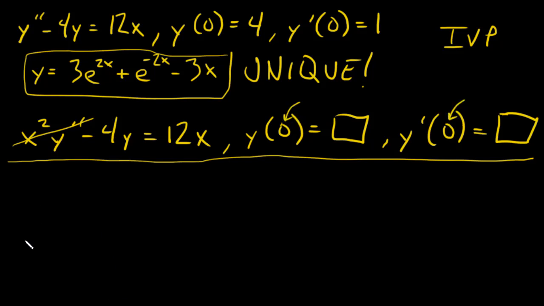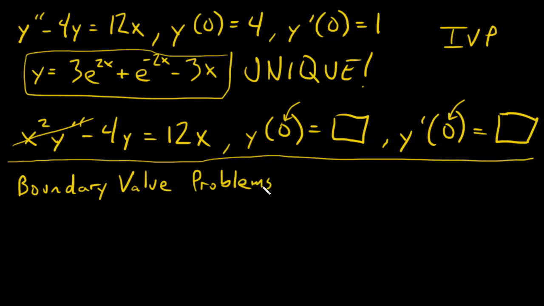Okay. Now let's look at boundary value problems. These are fun. I think I actually like these better in some cases. They're just more satisfying because you run into boundary value problems a lot in physics. So I guess it might just be I've seen a lot of them, so I like them. So what is a boundary value problem compared to an initial value problem?